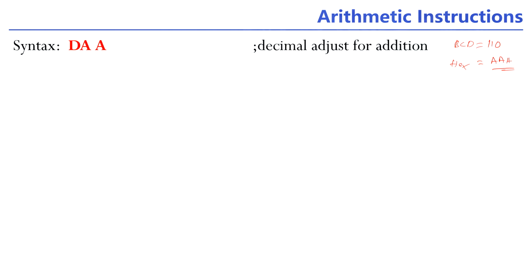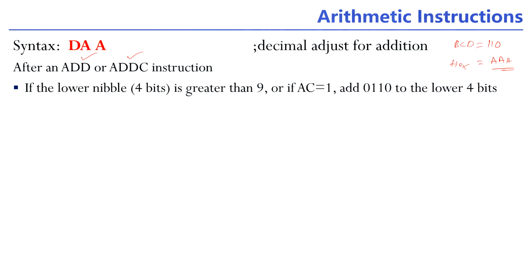Now see, always we need to use this instruction after BCD addition or addition with carry instruction. This instruction first checks if the lower nibble is greater than 9 or auxiliary carry is equal to 1, then it adds 0110 to the lower 4 bits.